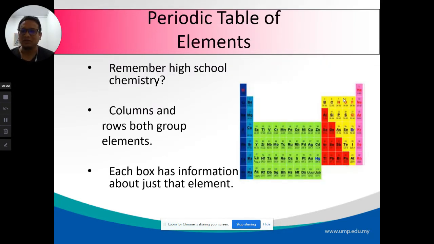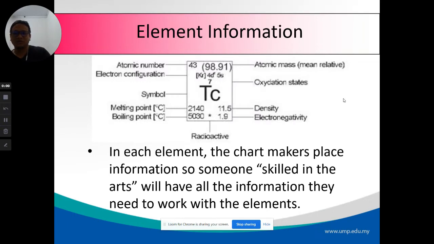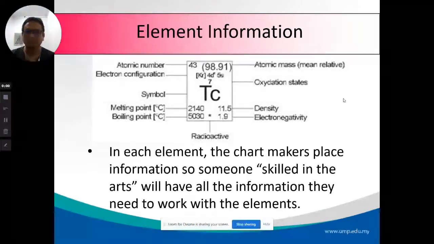If you remember the periodic table, it is an example from high school chemistry where you have columns and rows of elements, and each box has information about the element. For example, take Tc. Tc is a symbol. On the top left is 43, which is the atomic number.